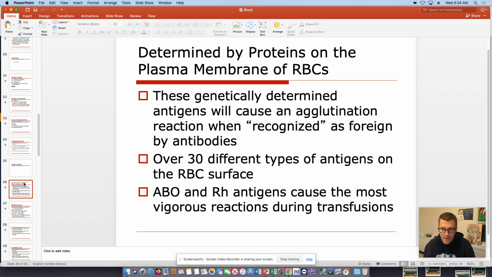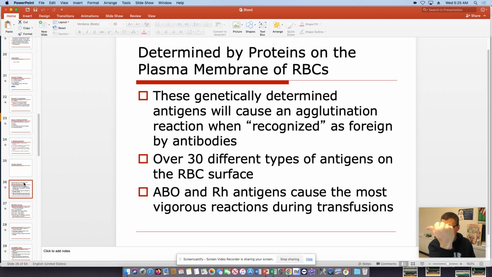Now, to be clear, there are 30 different antigens. Why do we only talk about A, B, and Rh? Well, because those are the ones that create the most problem with regard to rejection reactions.